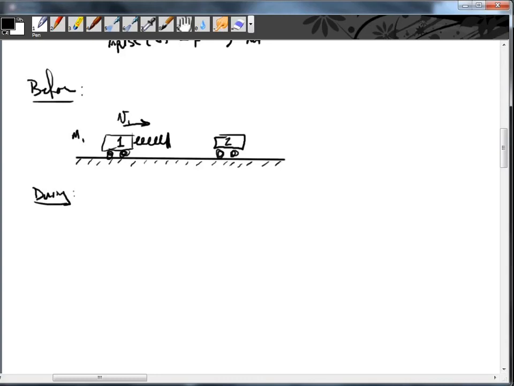Now, when they collide, we again have our surface and here is crate 2, and our spring becomes completely compressed during our collision.